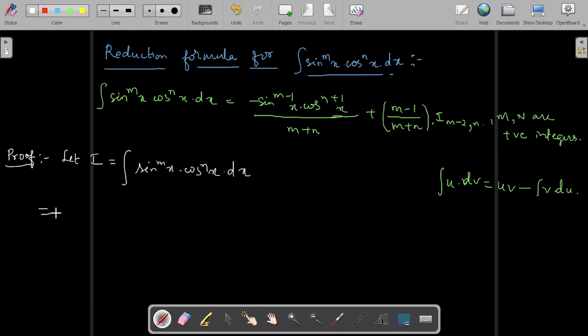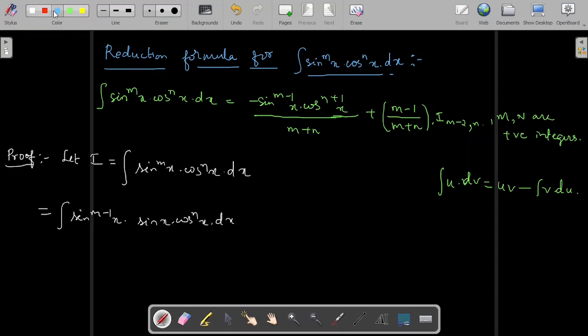Then to apply this formula, let me rewrite this as sin^(m-1) x into sin x into cos^n x dx. I have split sin^m x as sin^(m-1) x into sin x, and cos^n x as it is, into dx.